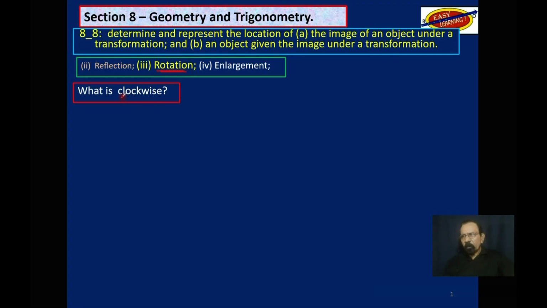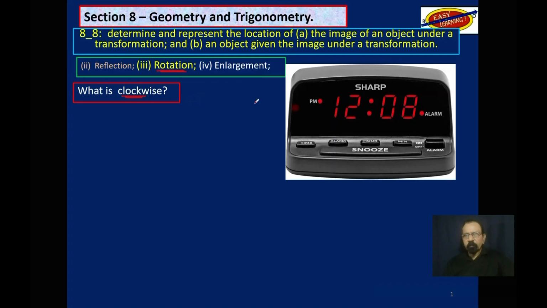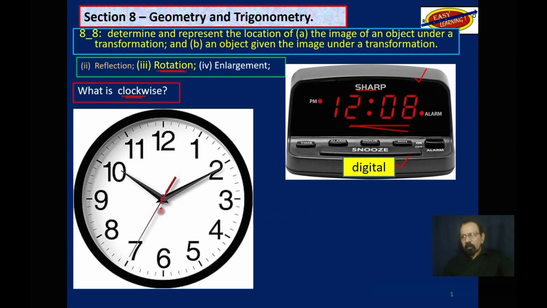Before we do that, we need to understand the terms clockwise and anti-clockwise or counterclockwise. If you consider this clock over here, it is a digital clock. That will not help us to understand these two terms. However, this clock over here is an analog clock.